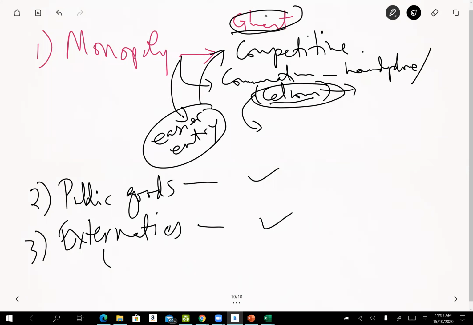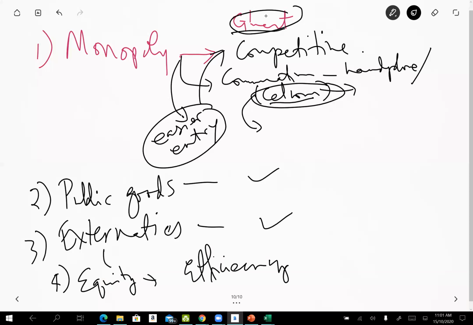The other would be equity. For the market, you have supply equal to demand, and marginal cost is the price. That is efficient. So the market only talks about efficiency. It doesn't talk about equity.